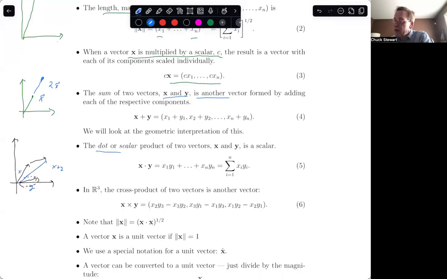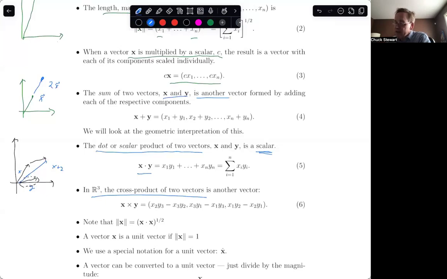The dot or scalar product of two vectors is a scalar. It's written in many ways, but one simple one is x dot y. And that is the multiplication of each component in turn, and they're added up, and the result is a scalar. And we'll sometimes have to be careful of that. The cross product in 3 dimensions of two vectors is another vector.